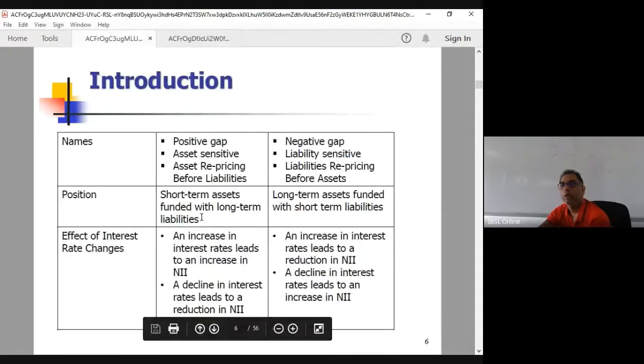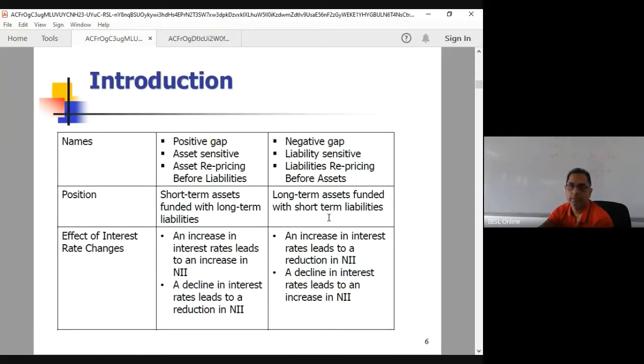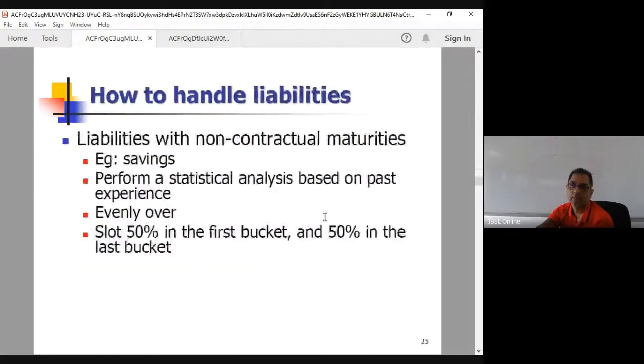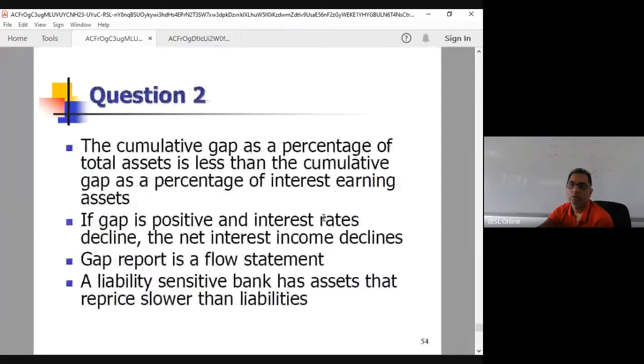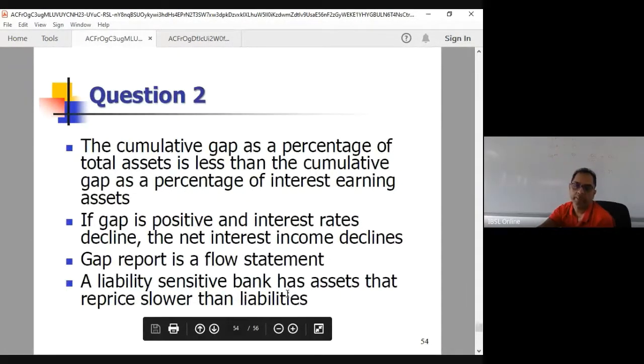Here you go. Slide number 6. As you can see, if you are a liability sensitive bank, you have long-term assets funded with short-term liabilities, right? And you have a negative gap, which basically means your liabilities get repriced faster than your assets, right? The question here is, the liability sensitive bank has assets that reprice slower than liabilities.